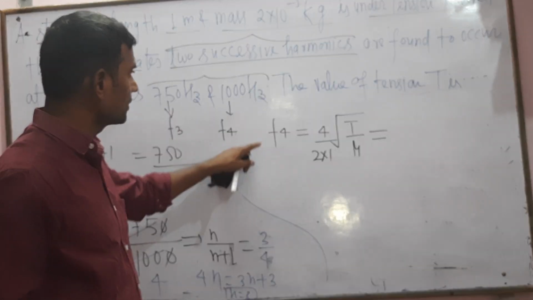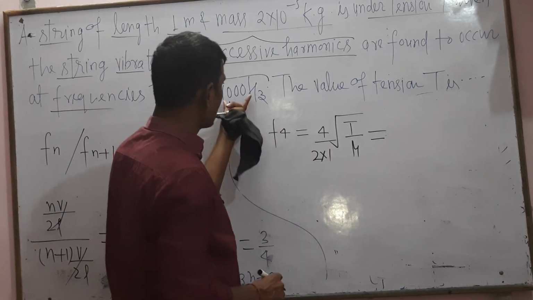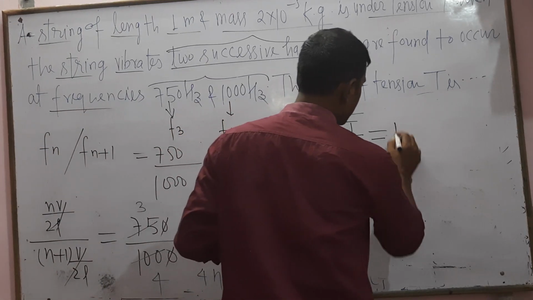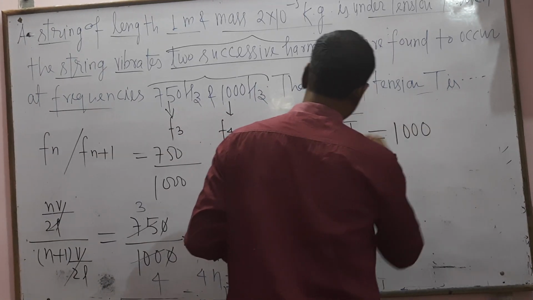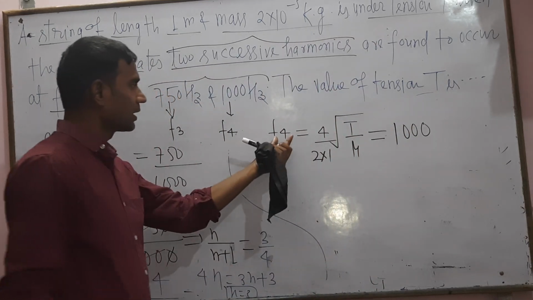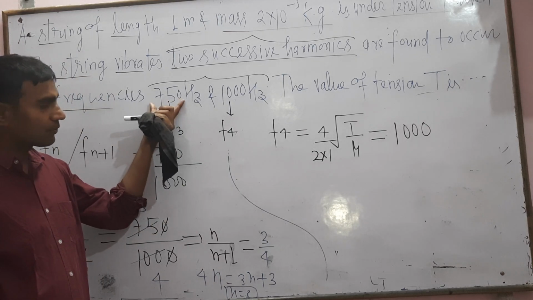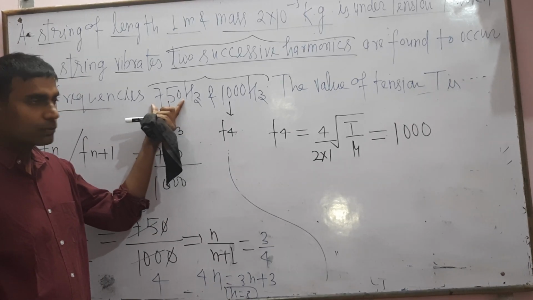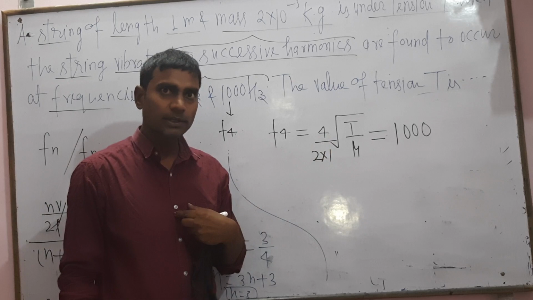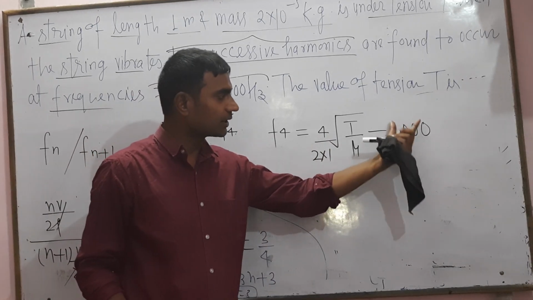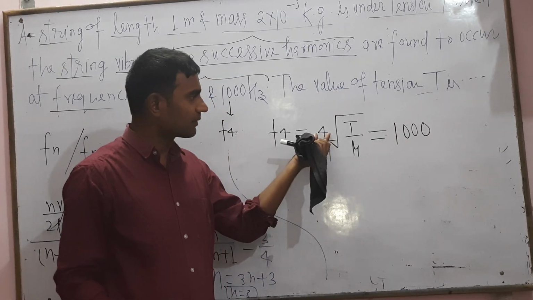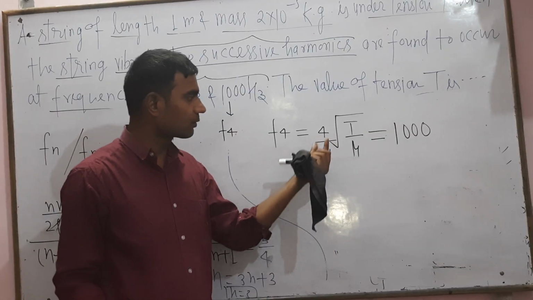In these questions, if we take the frequency equal to 1000, then in place of n we put n equal to 4. If we take the 750 frequency, then n equals 3. But in this question we are taking the 1000 frequency, so we put n equal to 4.